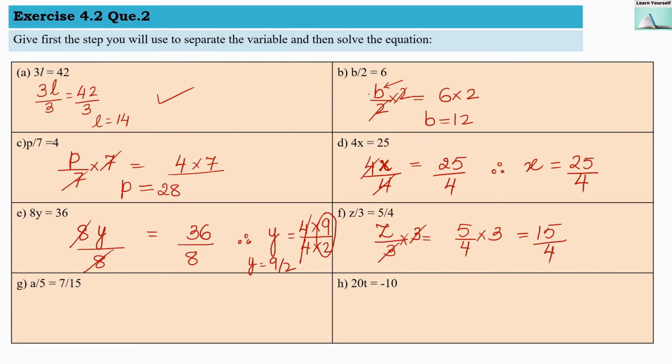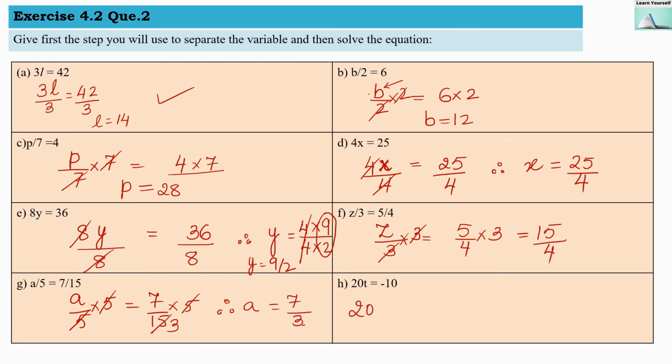G equation is a divided by 5 equals 7 divided by 15. So to remove this 5, which is in division, I have to multiply both sides with 5. So this 5 and this 5 will get cancelled out, and here 5 3s are 15. So I will get a equals 7 divided by 3.